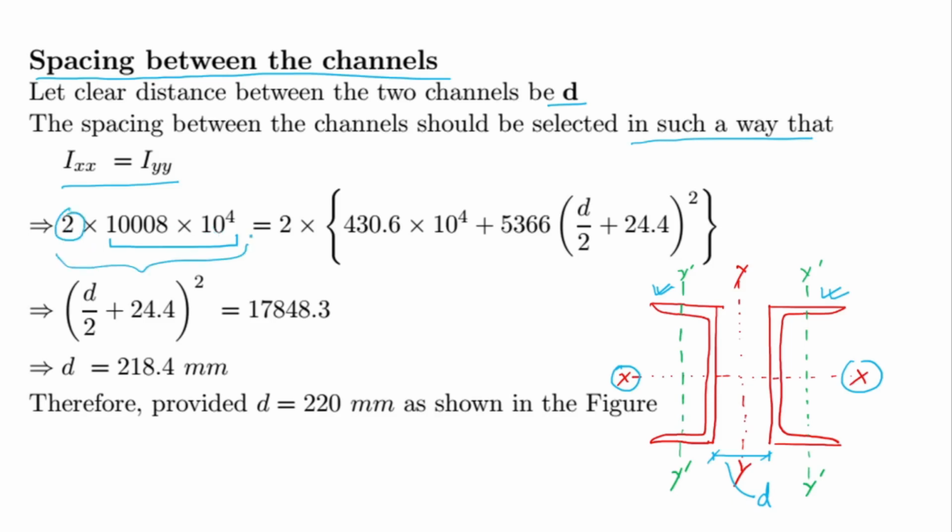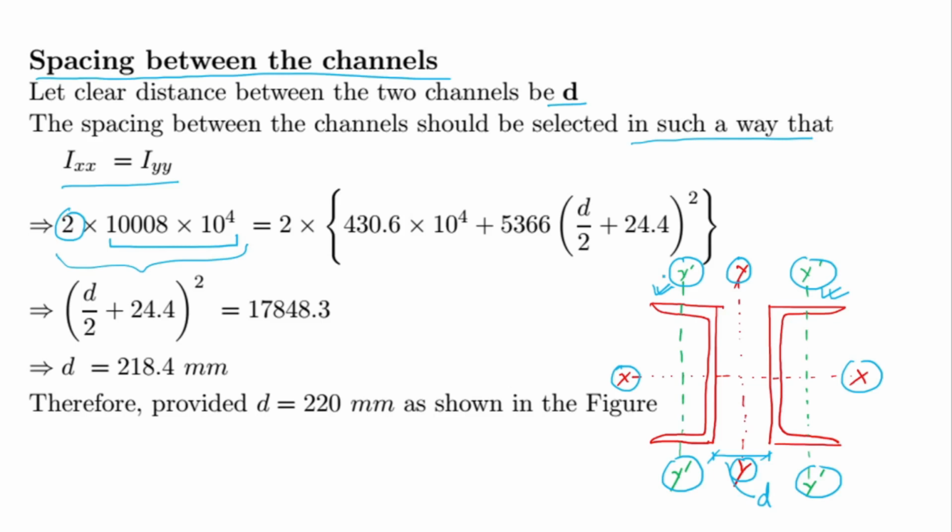But the same thing is not valid for Iyy, because if you see, this is the YY axis of the whole column, and this is the YY axis for the right channel, and this is the YY axis for the left channel. Means the YY axis for the individual channel is not the same as the YY axis of the whole column.